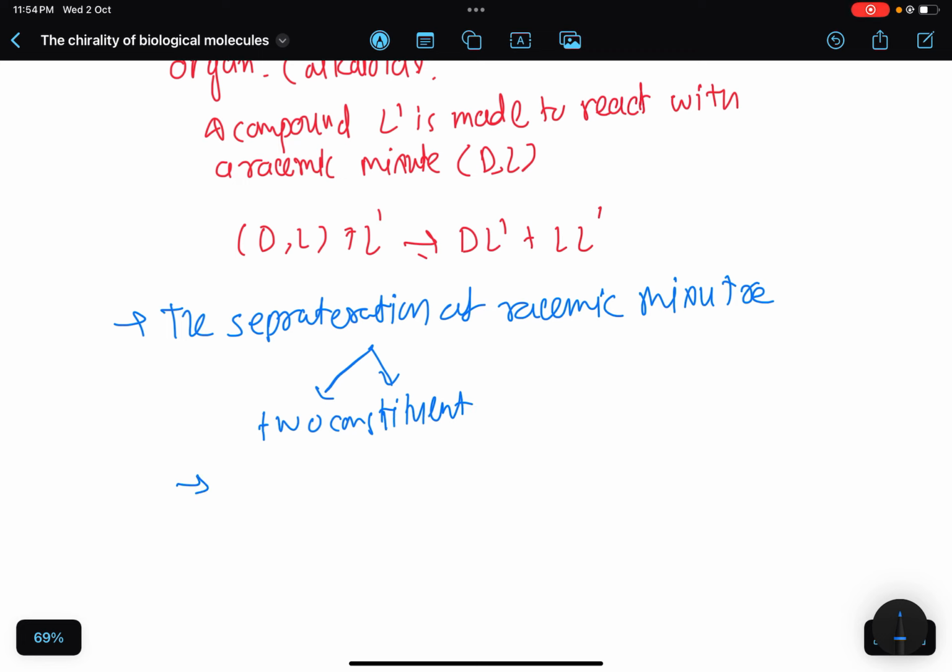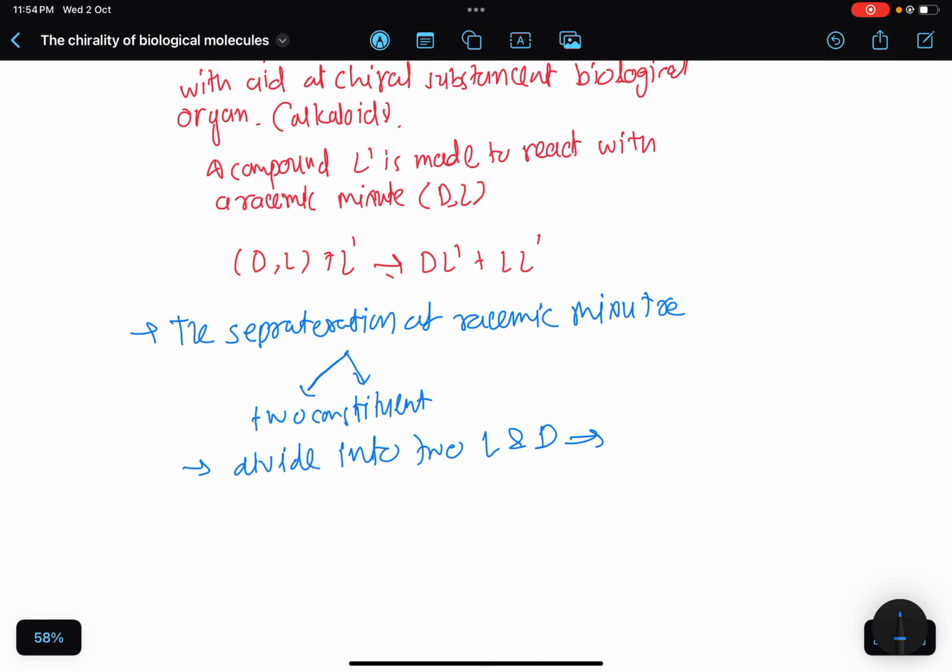To divide into L and D, we have to use an asymmetric substance or living organism.